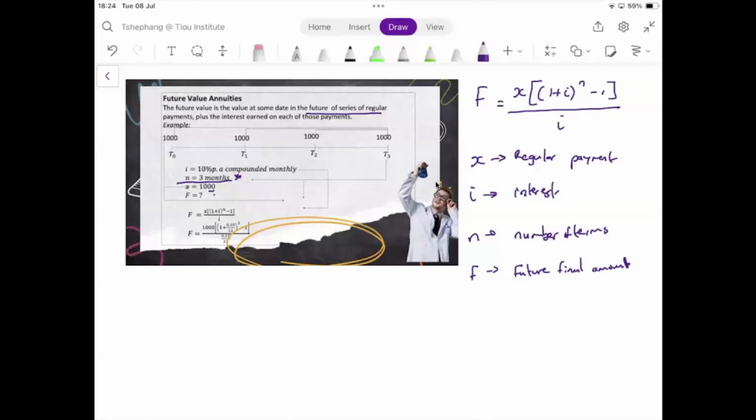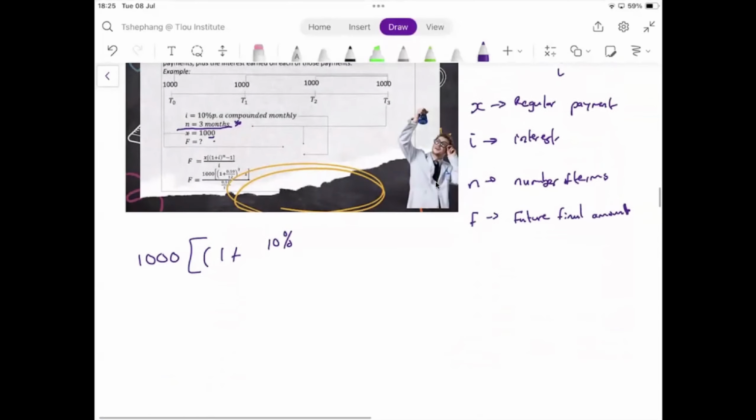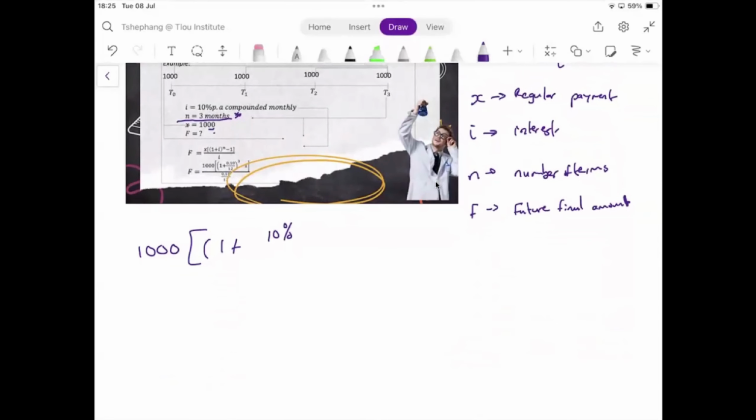We just plug in the formula. Our x is 1,000, open bracket 1 plus the interest rate, which is 10%, but it's compounded monthly. Because it's compounded monthly, what do we have to do to the 10%?